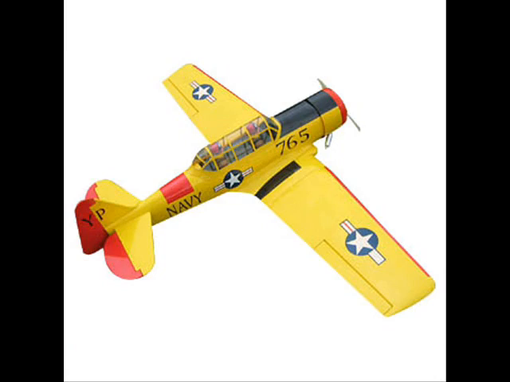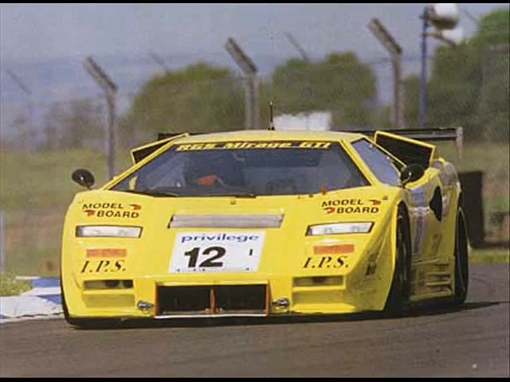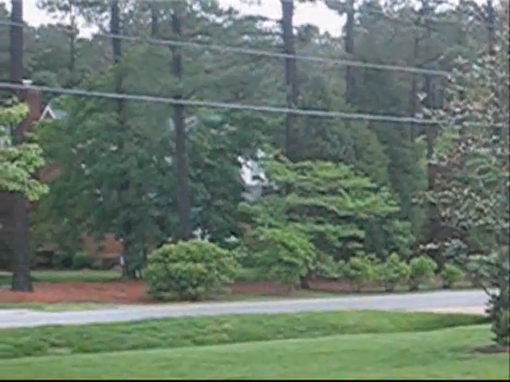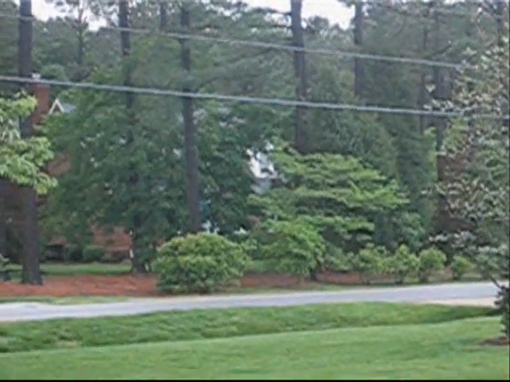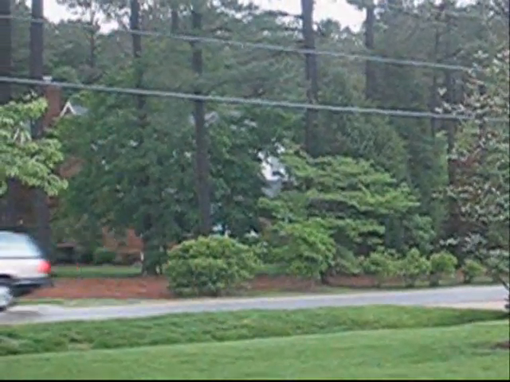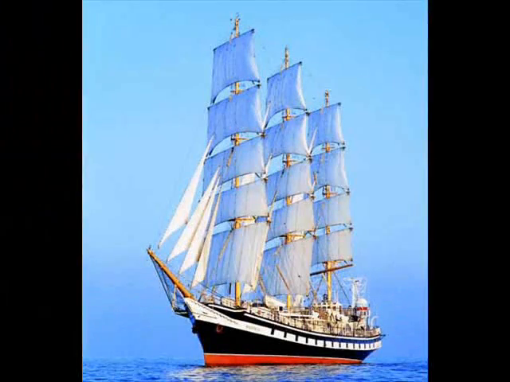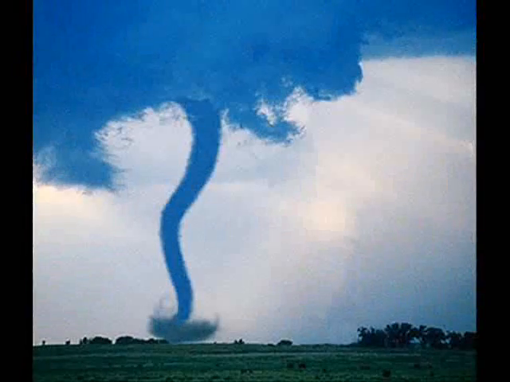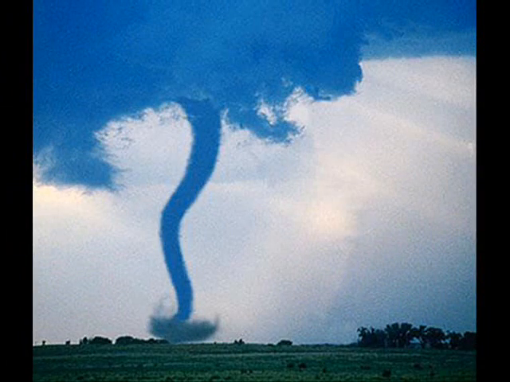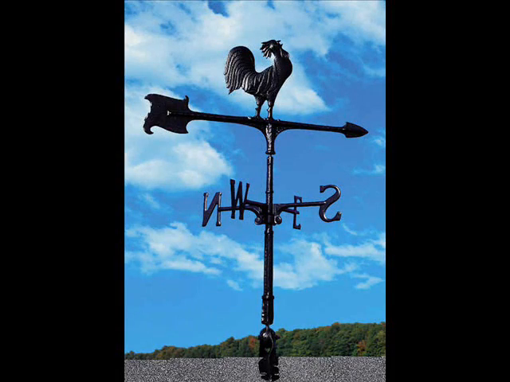For example, there are planes and cars. Here, the vector is facing in the direction of the car's motion. And there are also ships, tornadoes, and wind.